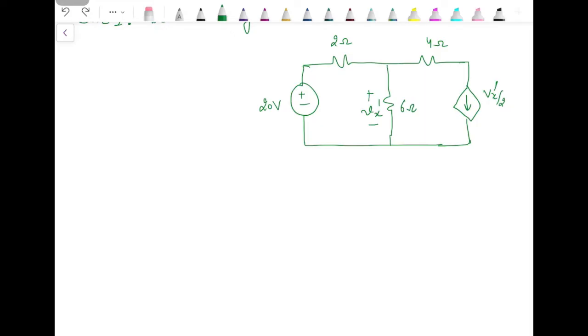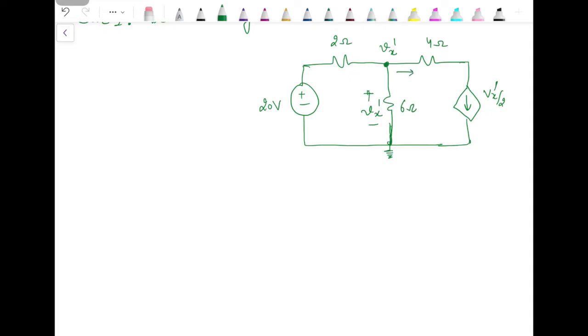I will apply nodal analysis by considering this node as reference, and this one is at voltage Vx dash. Since the voltage across the 6 ohm resistance is Vx dash and we have only one resistance between these two nodes, that is 6 ohm. Now let's apply KCL.